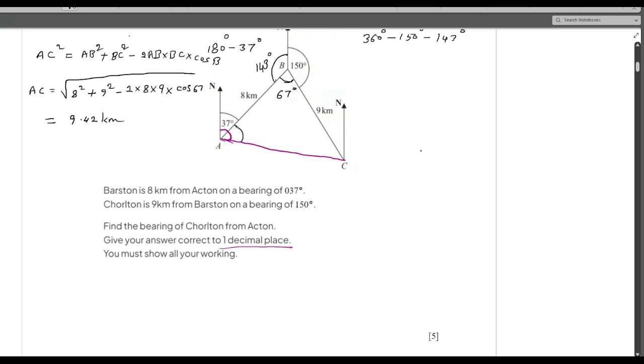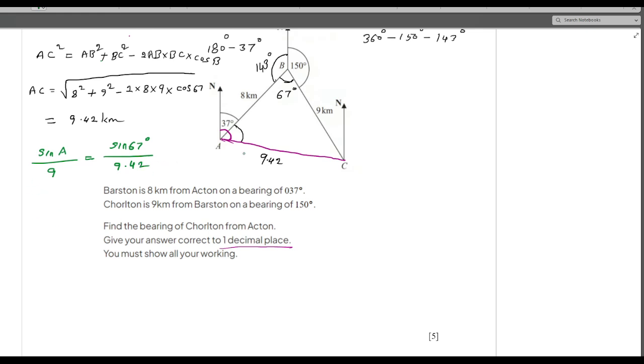Now I have all the three lengths and I have this one angle. So we can use sine rule. Your sine rule is sine of your angle A divided by its opposite length 9 will be equal to sine of your 67 degree divided by its opposite length 9.42.